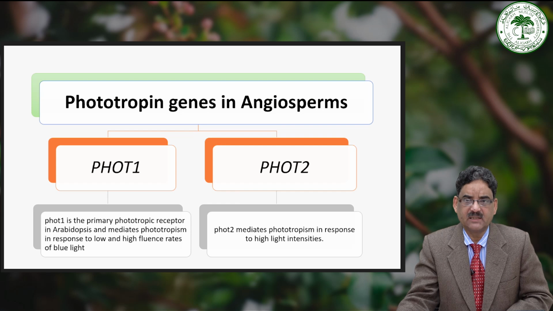Similar overlaps in the function of the PHOT1 and PHOT2 photoreceptors are observed for their blue light responses in Arabidopsis, including chloroplast movement, stomatal opening, leaf movement, and leaf expansion.